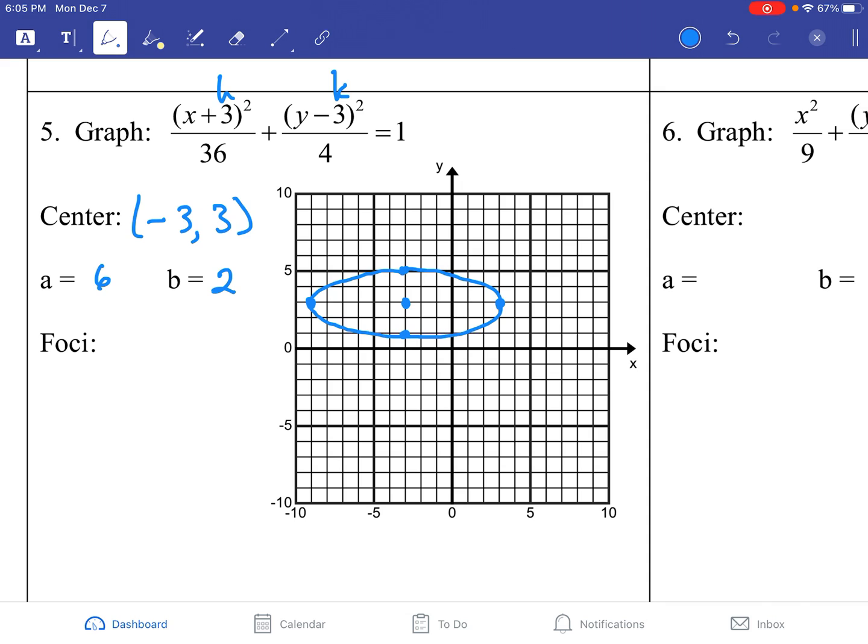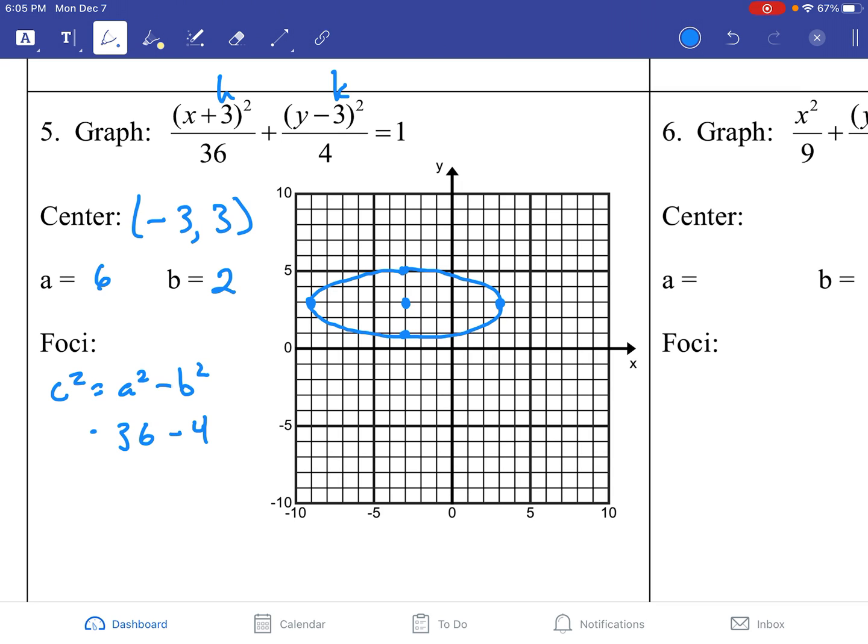Now we do have to find the focus points. You have a formula for this. C squared equals a squared minus b squared. It's a lot like the Pythagorean theorem, but there's a minus instead of a plus. Okay. We do know a squared and b squared.